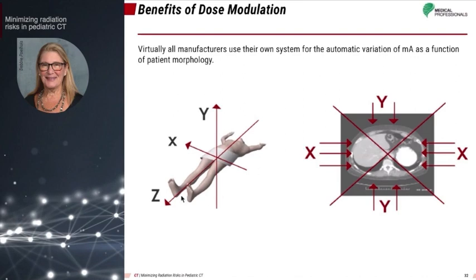The Z-axis, here we see the Z-axis: a suitable dose is delivered with each tube rotation. And the X and Y axis, here we have the X and the Y axis: the tube modulates dose at each rotation as a function of patient asymmetry in the axial plane.